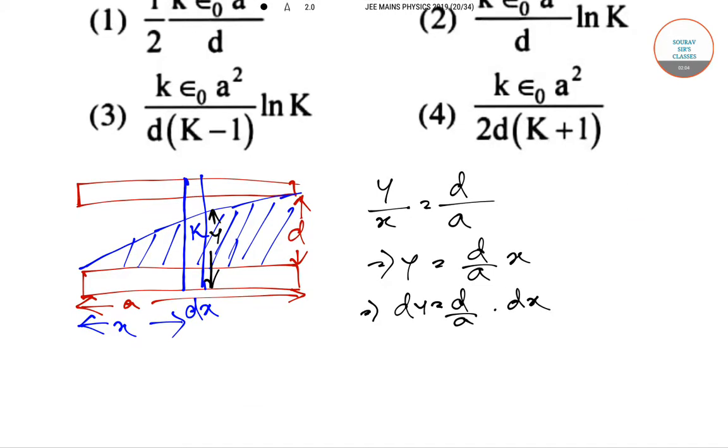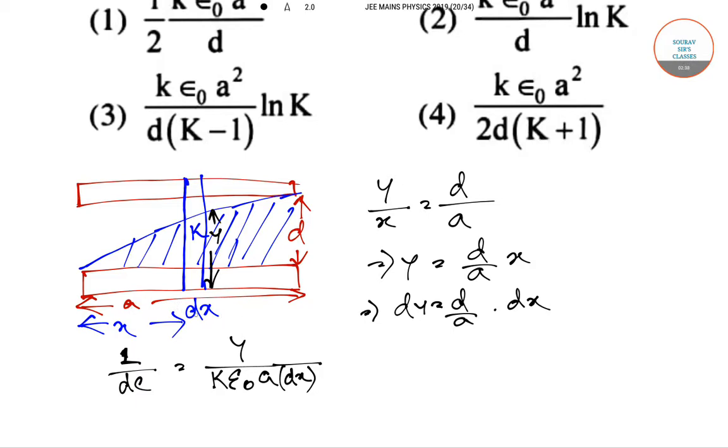So, we can write the small change in capacitance, 1 by dc. For the medium of dielectric constant k, it is y by k epsilon 0 a into dx, where dx is the small portion.